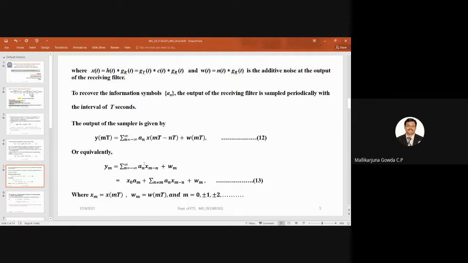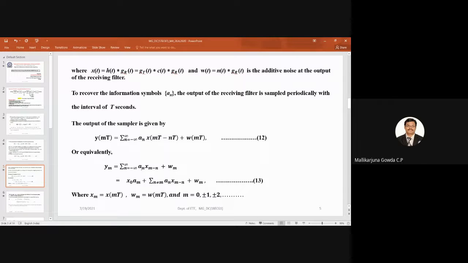Okay, so if I substitute the values from n equals minus infinity to infinity, then when n is equal to m, it will be x naught, right? This is for the case of the first term, when m is equal to n, it becomes x naught. So that is why it is written am into x naught.